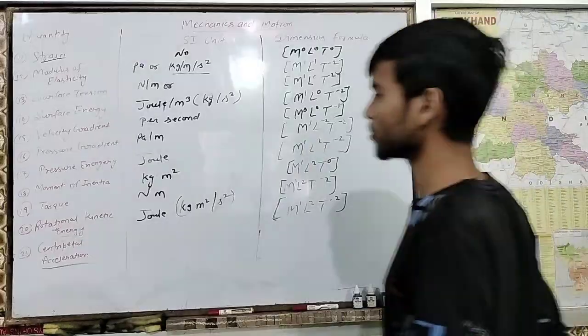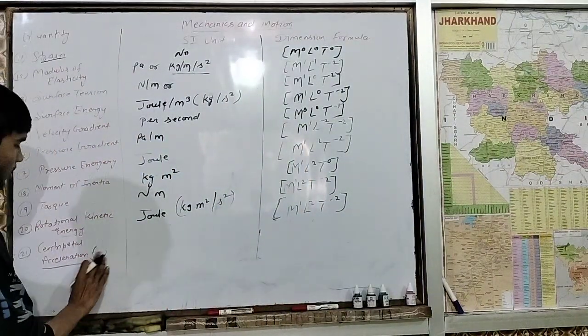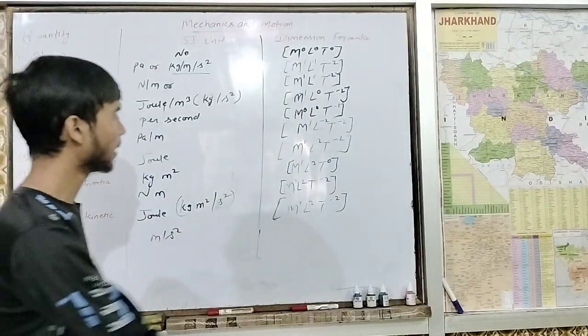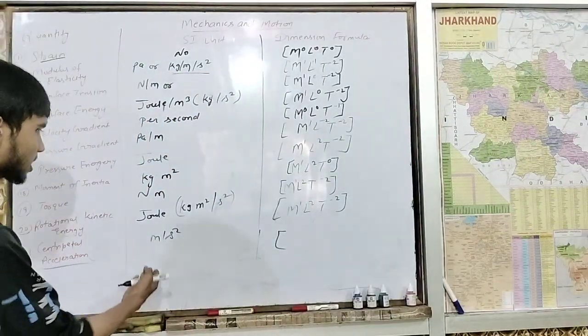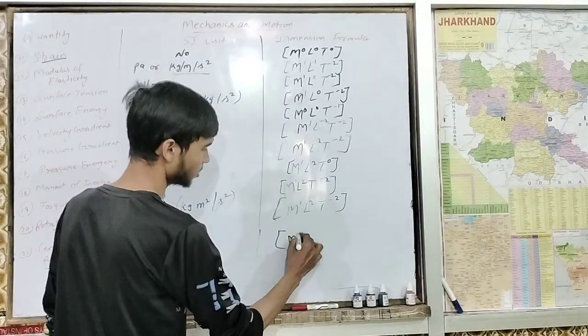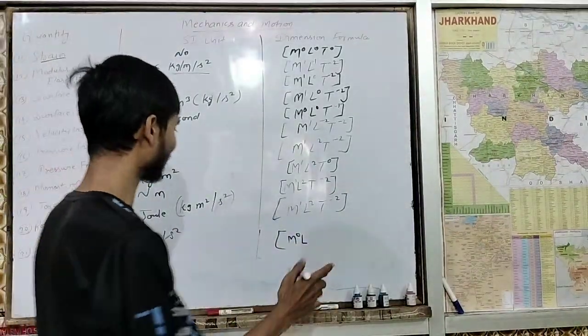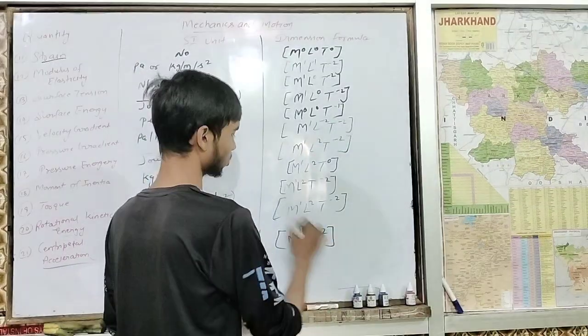Just simple meter per second square, brother, because it is acceleration. Meter per second square. Clear? Now, there is no mass here, so M0, then L is 1, and T is how much? T is 2.